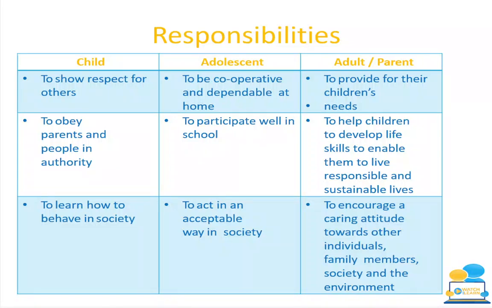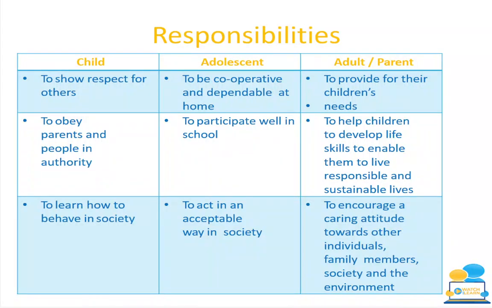The responsibilities of adults and parents do differ, but in this case we're putting them together. A parent, for example, has a responsibility to care for their child's needs, whether that's physical, emotional, or educational needs. They have a responsibility to help their child develop life skills, okay? So, for example, how to put on socks, how to turn on a light, how to make their breakfast, how to zip up a zip, how to tie shoelaces.